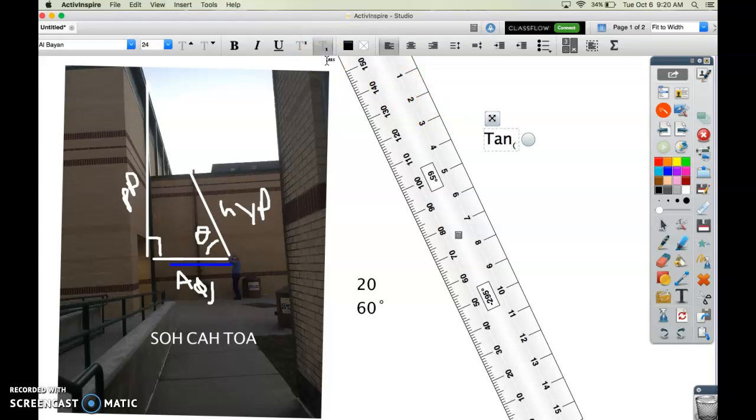Okay, so anyhow, tangent of 60, maybe it just does that because it's mathematically inclined, is equal to the opposite, which we do not know, so we're going to say x, divided by the adjacent, which we know is 20 feet.